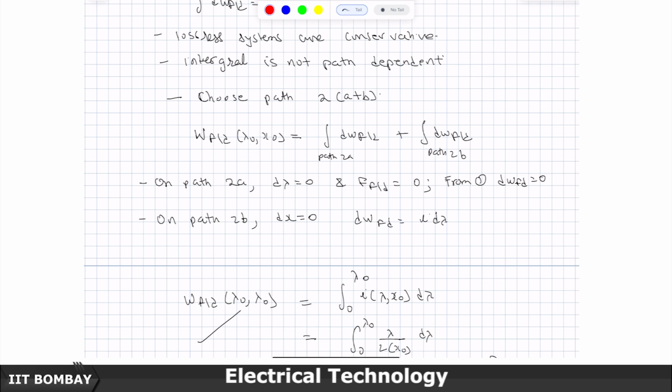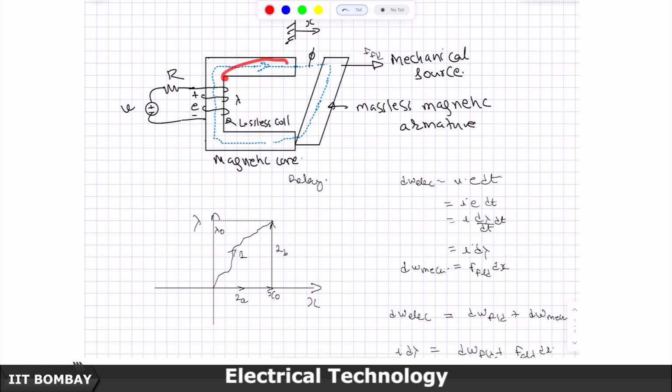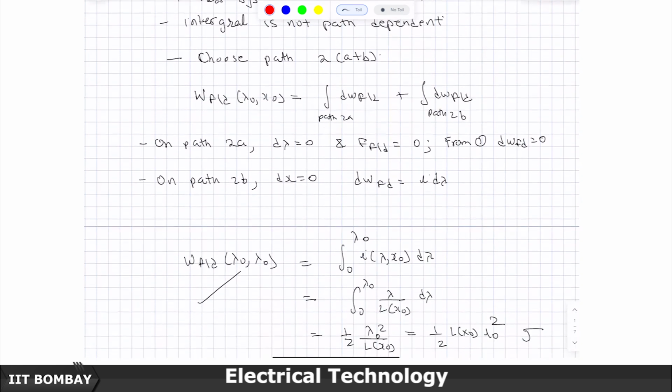So, when x is not changing, and if we have taken this to be an ideal ferromagnetic material, mu r equal to infinity, then this will look like a linear system in the path 2b.